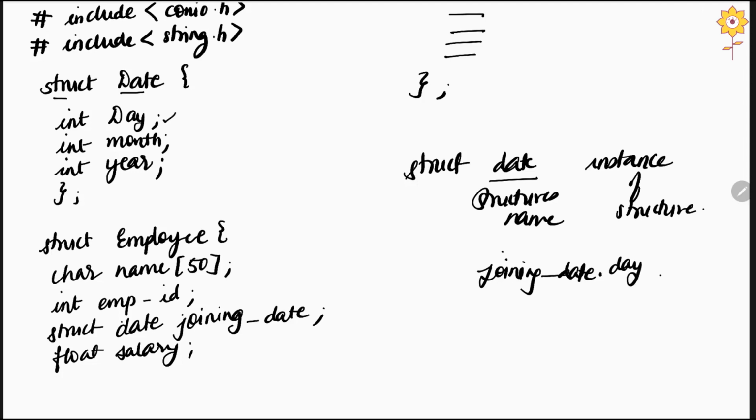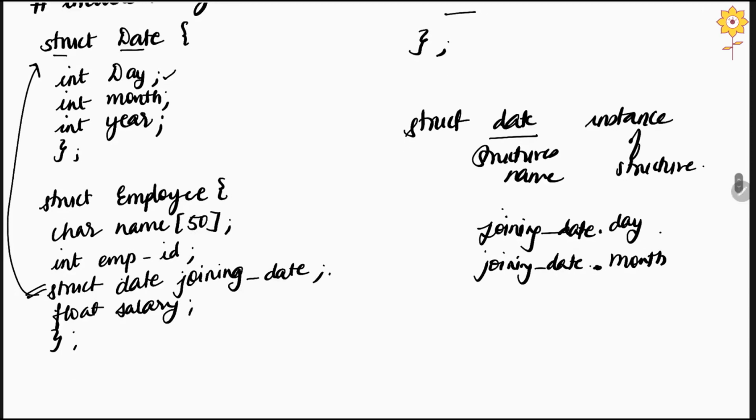Then if it is month, you will write joining underscore date, whatever is the instance name, dot operator and the month, and accordingly. Okay, so we have created both our structures. So this is structure within structure. This structure is specified above here. So we have done the definition of both these structures.